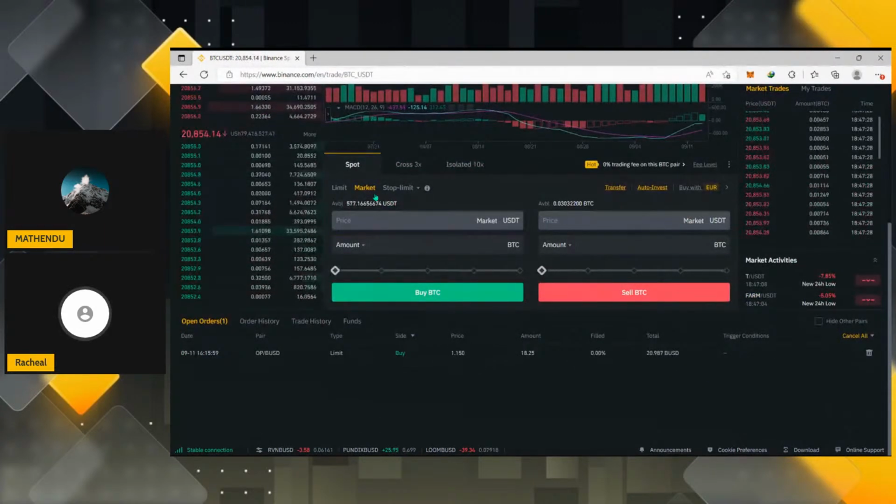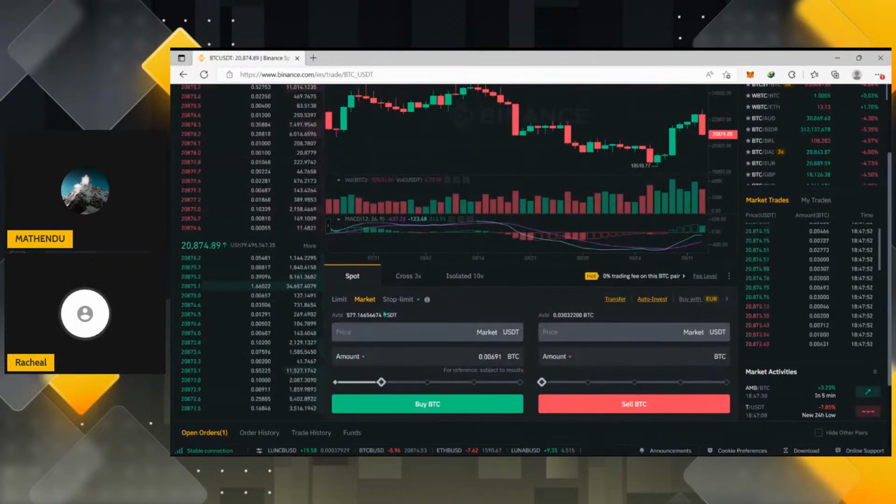So if I select market and I put, say, 25%, this is 25% of my available balance in USDT. And this is the amount of BTC I'm going to buy for 25% of my available balance.